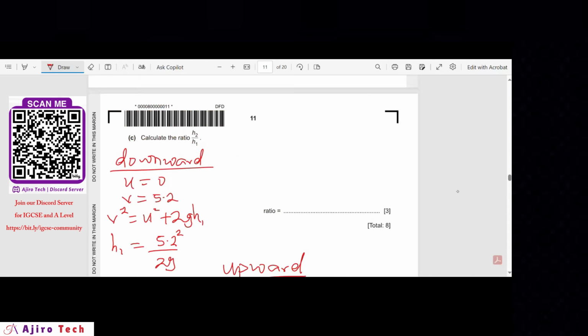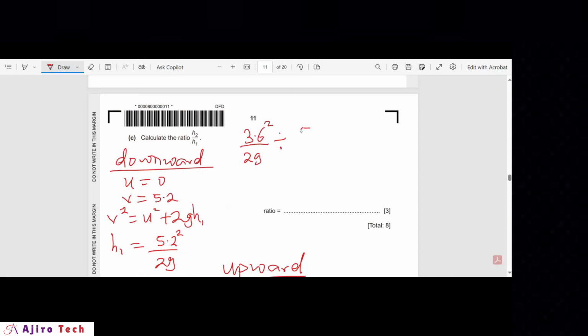The ratio now of h1 to h2 is 3.6 squared over 2g divided by 5.2 squared over 2g. Turning it to mathematics, that's 3.6 squared over 2g multiplied by 2g over 5.2 squared.